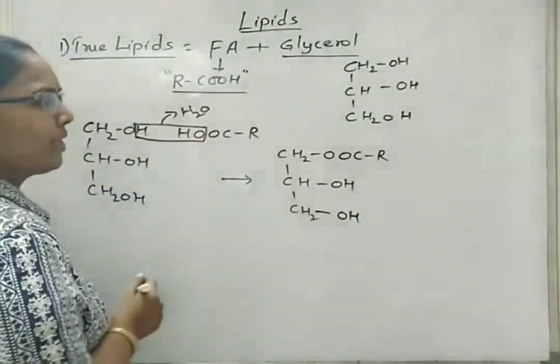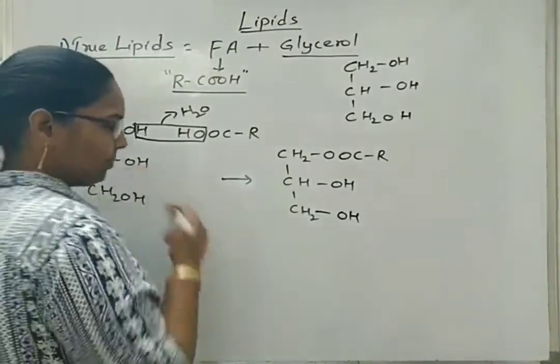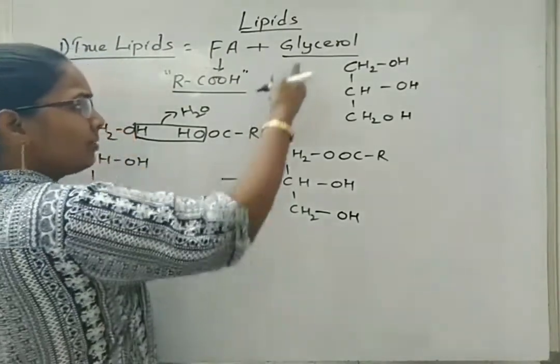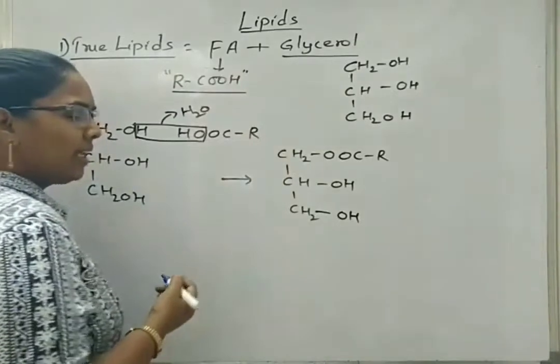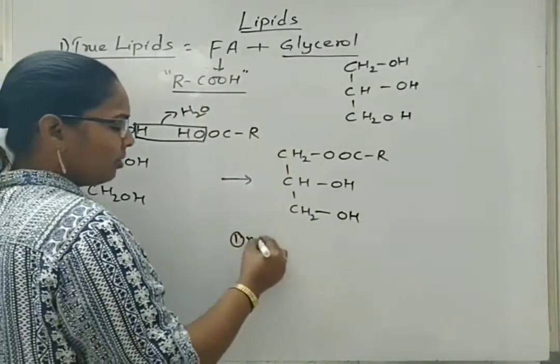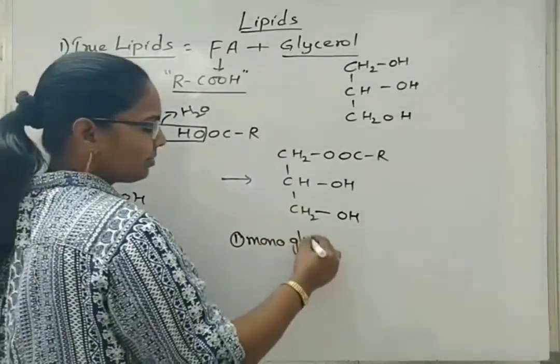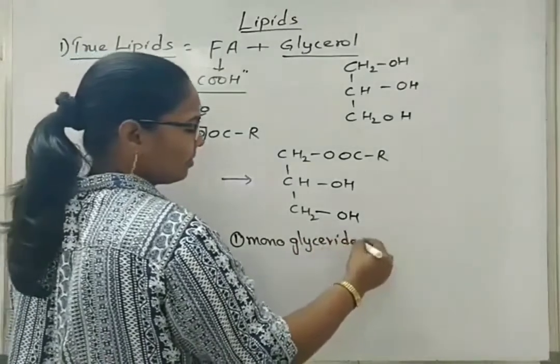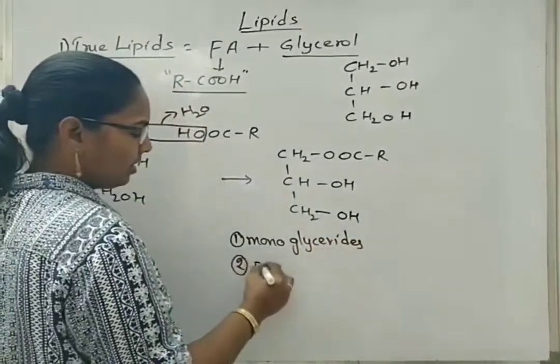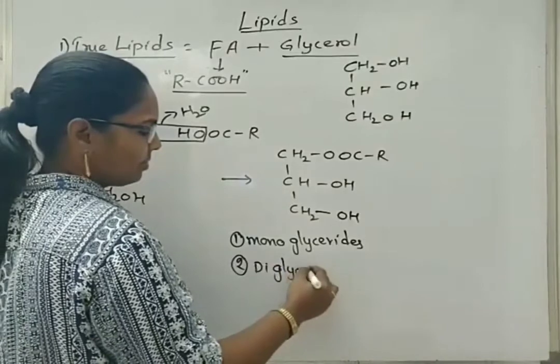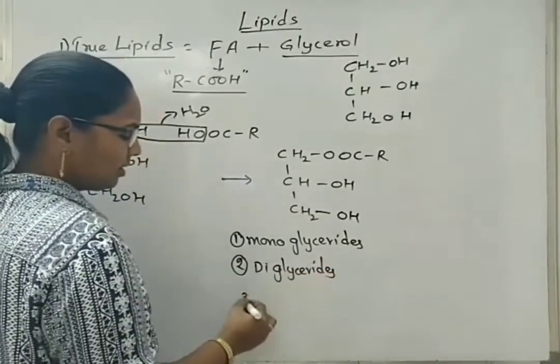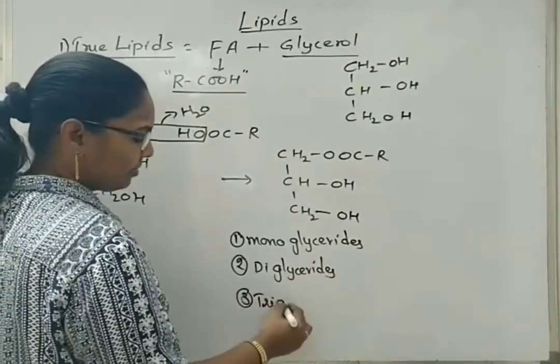Okay, from this we can extract one point. Glycerols, which are one part of lipids, exist in the form of monoglycerides, second, diglycerides, and third, triglycerides.